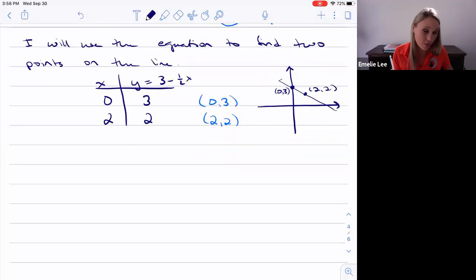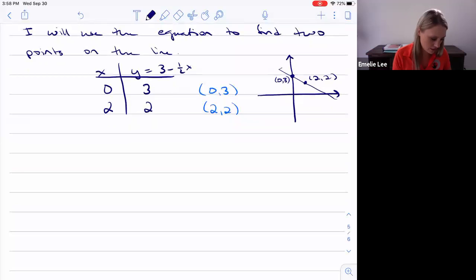One thing to note that we already talked about, right? If we have a horizontal line, then the slope is 0. And if we have a vertical line, then we have no slope, which we already talked about, but I do want to put it here officially.